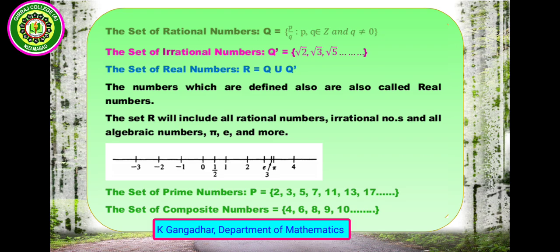Integers are rational numbers. Rational numbers are real numbers. Real numbers are complex numbers. So one set is a subset of another. That is the relation between the number systems: N is a subset of W, is a subset of Z, is a subset of Q, is a subset of R, is a subset of C. It is the total number system.